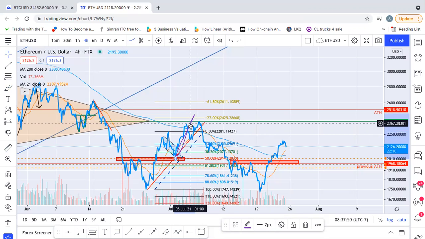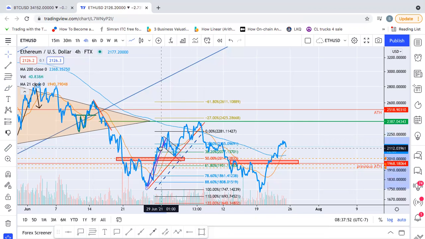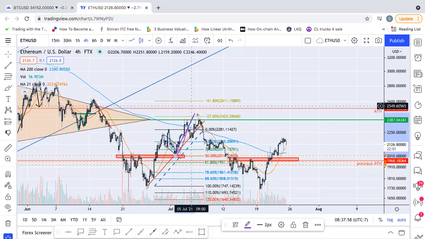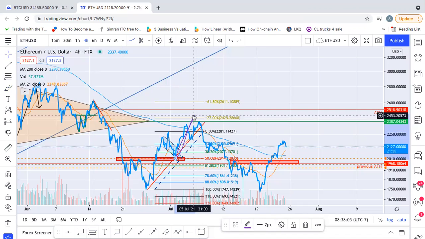Did you see how it's the same length as the pole, from here to here? Even when I take off the line, you can see. So that's basically a bull flag.